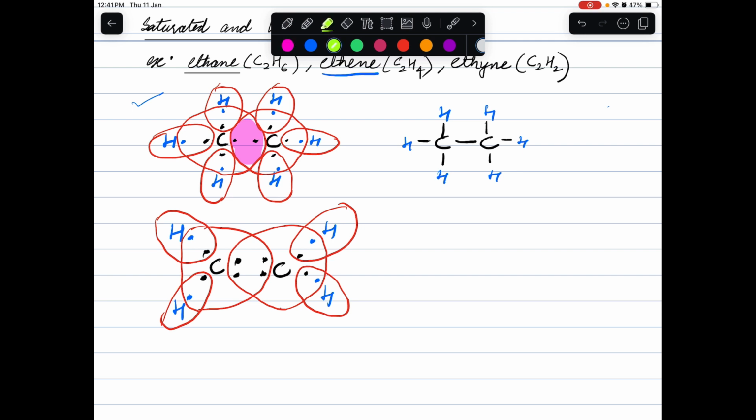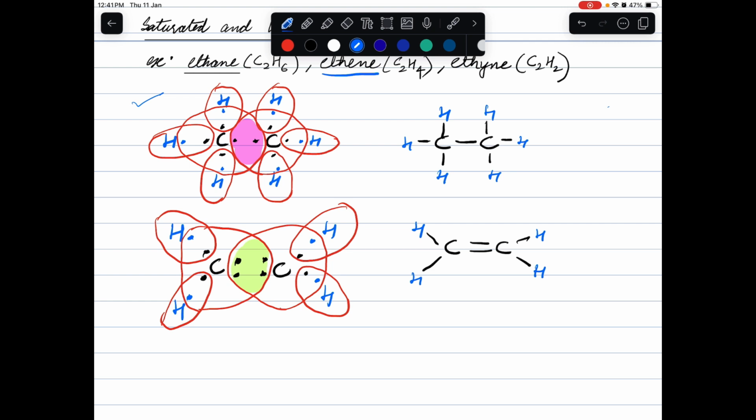In doing so, we are sharing 2 pairs of electrons. Therefore here what we have is a carbon-carbon double bond, because 2 pairs of electrons are shared, and we are having 2 bonds with the 2 hydrogen atoms, because a total of 4 hydrogens are there. So this is your ethene molecule.